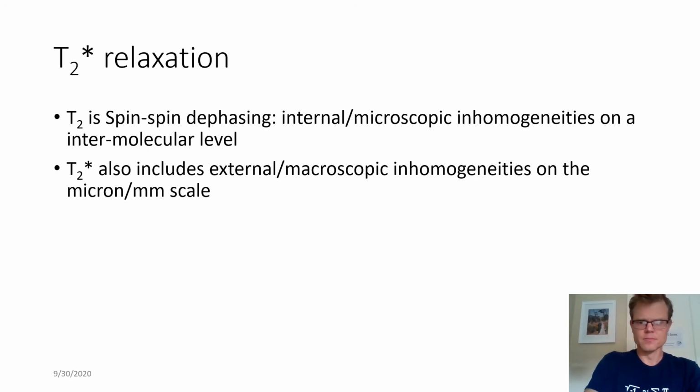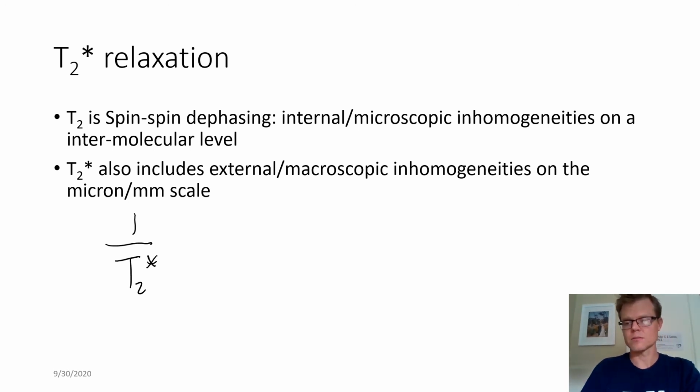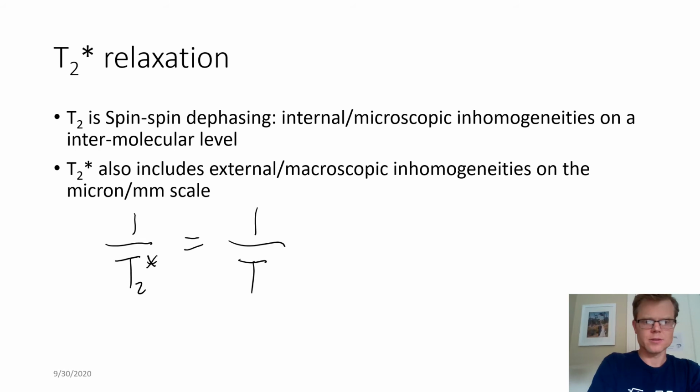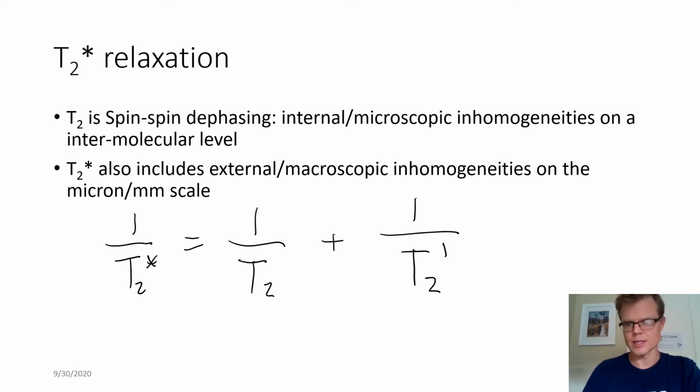And we're going to write the equation for this. Our T2* relaxation time, or if we take the inverse, then it becomes a rate, is going to be equal to the relaxation due to T2 plus some additional relaxation that is often notated as T2 prime.